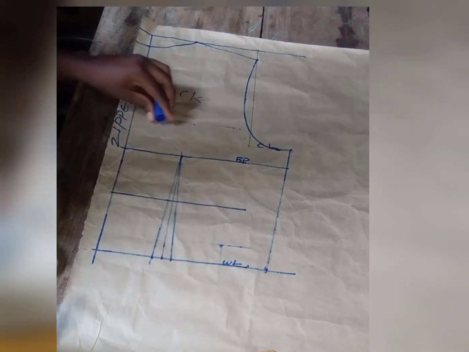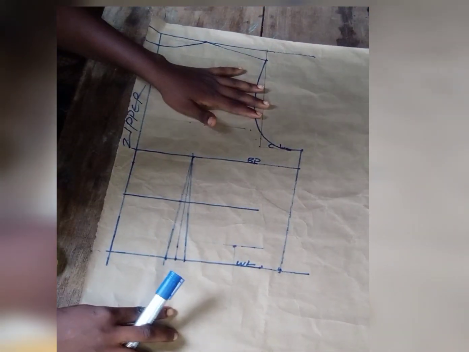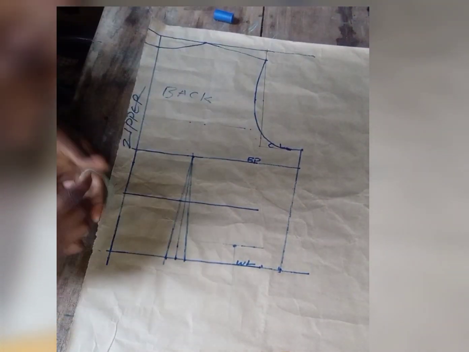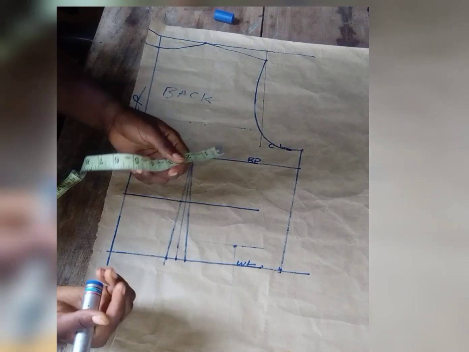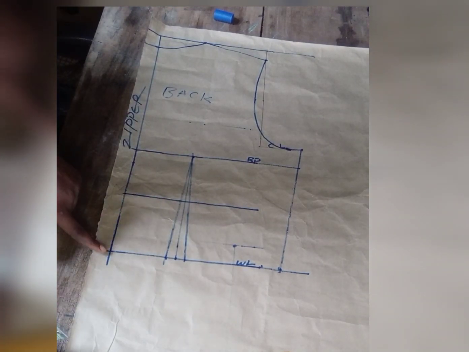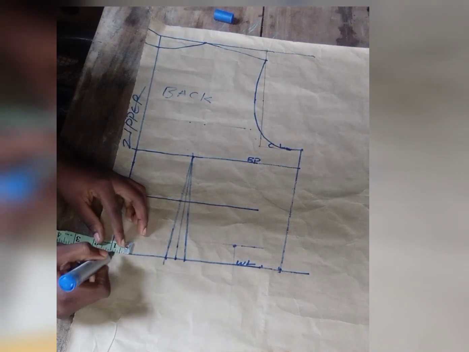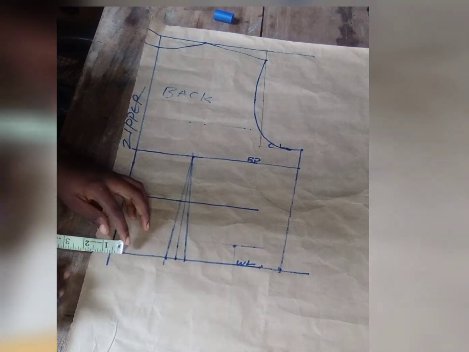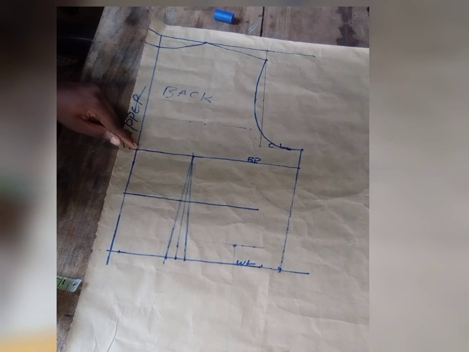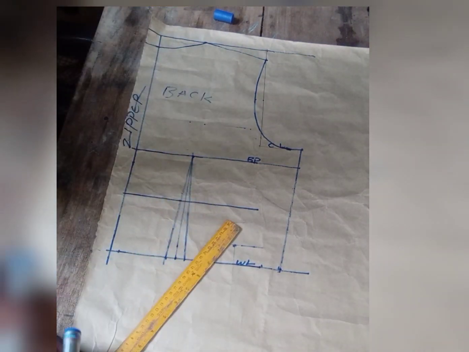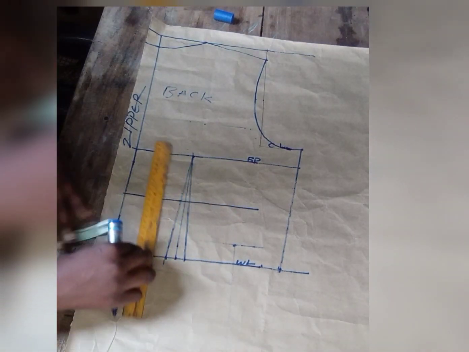So I'm just going to connect like this now, then connect with my ruler. Now, after doing this, I'm going to show you how to remove or eliminate zip bulge on the back of your clothes. On this waistline, we're going to go in by half an inch, then connect up, then connect it with a straight ruler, just the way I'm doing mine.